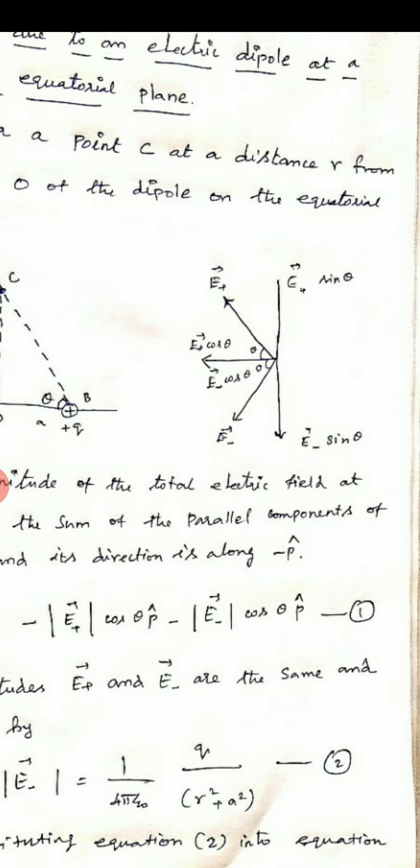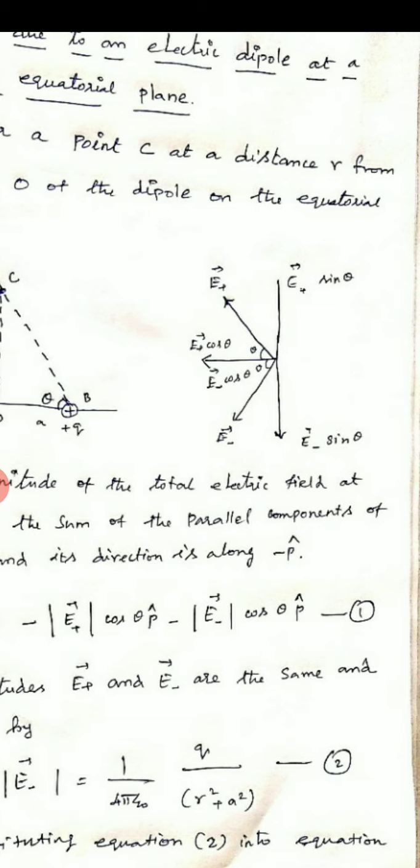The perpendicular components, E plus sin theta and E minus sin theta, are oppositely directed and cancel each other.